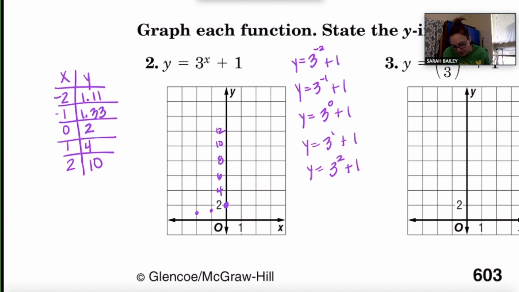Then 1, 4, and then 2, 10. And you do need to have those arrows. All right, and what is our y-intercept? Well, we can see, again, from this table, the y-intercept is 0. I'm sorry, is 2.